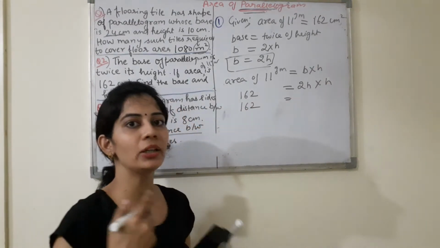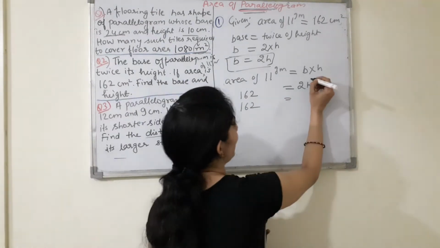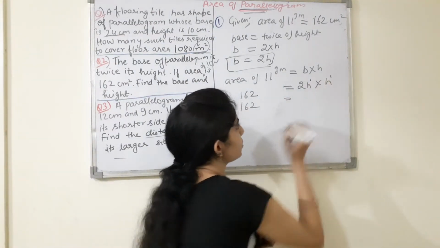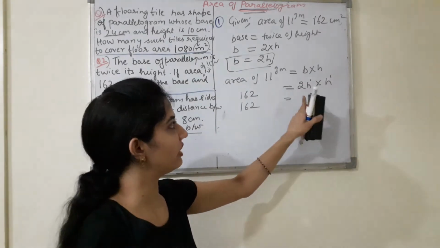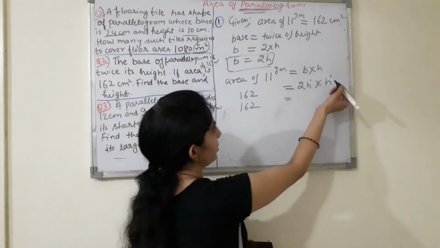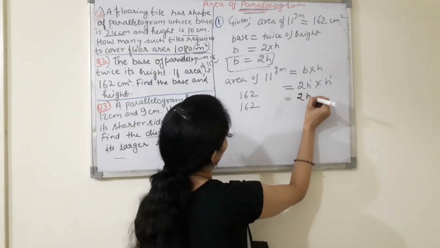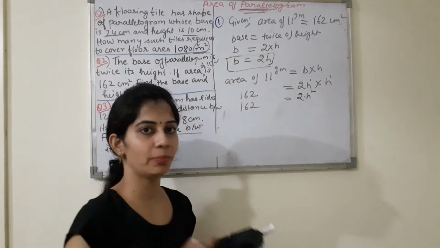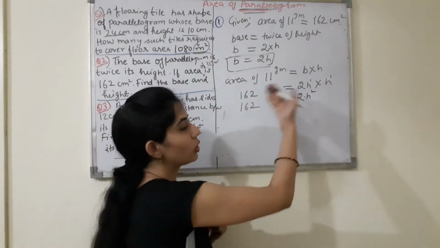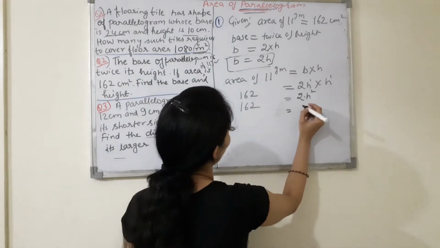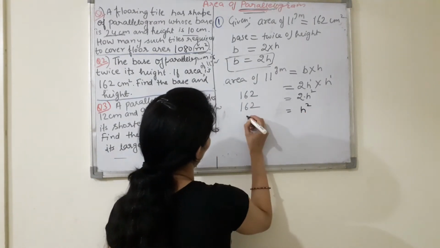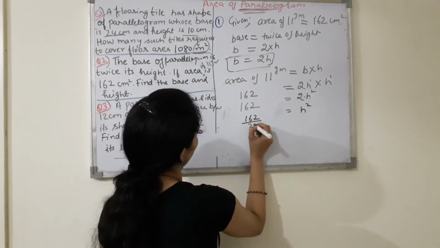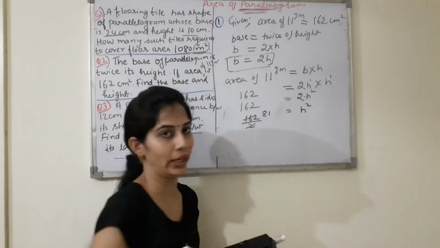Okay? Now do the calculations. 2h into h will be 2h square, because this is power 1 and 1, the powers of the variables will be added, so 2h square, right? Now this 2 is in multiplication with h square. When it goes to this side, it will come in division. So h square is 162 divided by 2, which is 81, right?